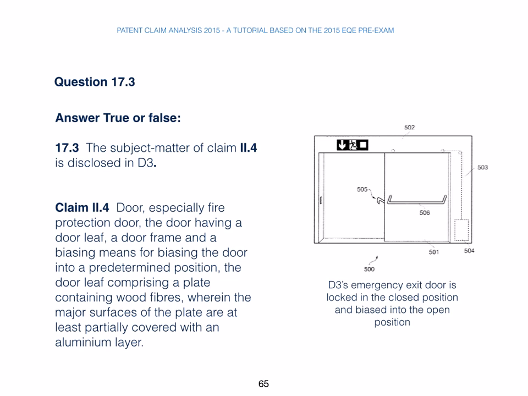Now, we have to consider the features of D3, whether D3 discloses the subject matter of claim 2.4. D3 is an emergency exit door that is biased open. What does especially fire protection door mean in the claim? Does D3's door contain wood fibers?